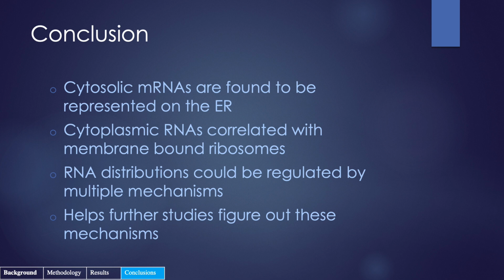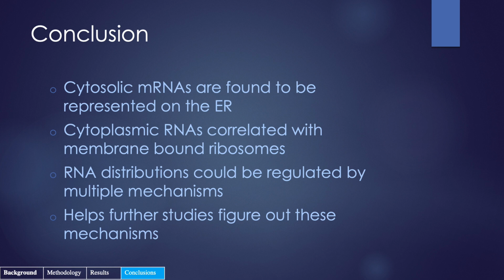So, in conclusion, we all know that cellular protein synthesis is done by both cytosolic and endoplasmic reticulum-bound ribosomes. Mainly, cytosolic proteins predominantly are synthesized by cytosolic ribosomes, and as well secretory pathway proteins are synthesized on endoplasmic reticulum-bound ribosomes, because this obviously makes sure that the location of these proteins is correct.